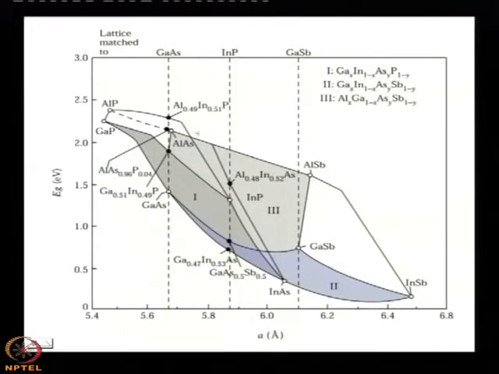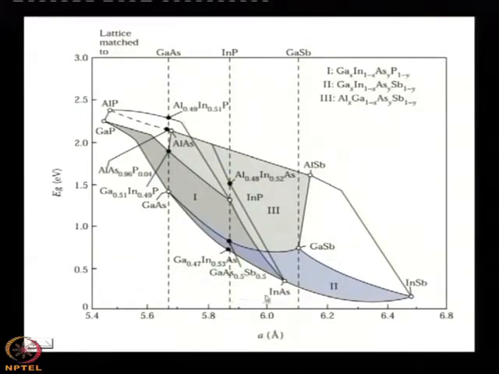If you take this point, it is the position between indium arsenide and gallium phosphide, but why you cannot take this point? You cannot take this point because no substrate is available.